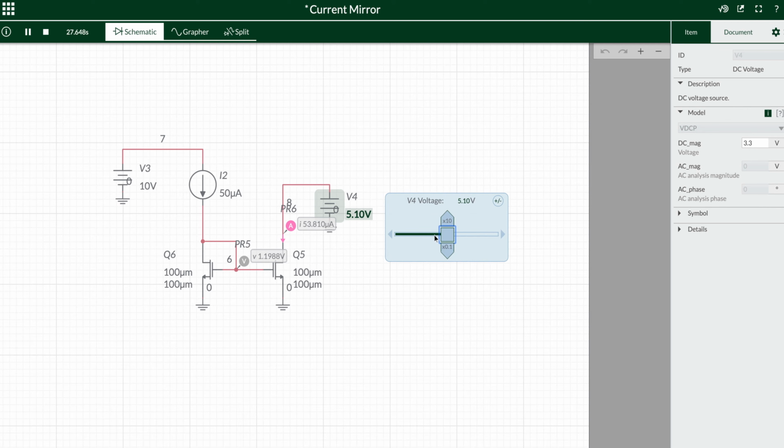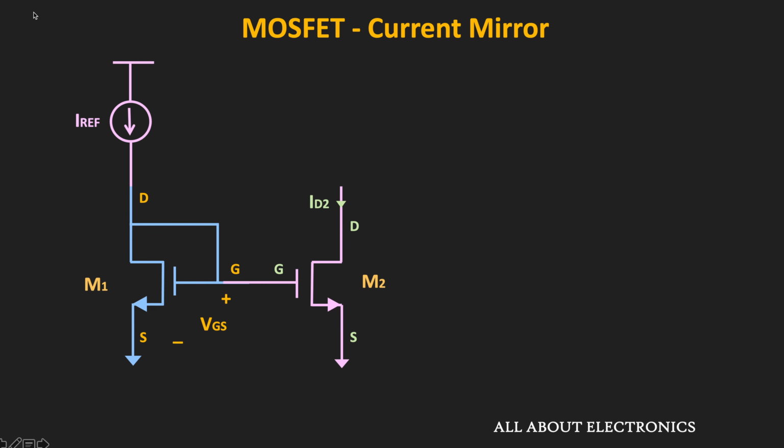And as soon as this drain to source voltage becomes 5.1 volt, then this drain current is approximately equal to 54 microampere. So as you can see, as the drain to source voltage increases, then due to the channel length modulation effect, this drain current also increases. So this is the expression of the drain current including the channel length modulation effect.